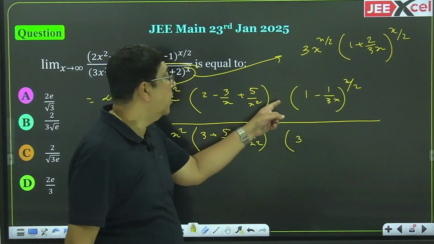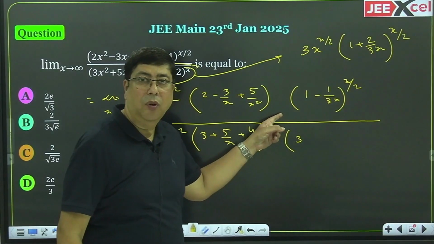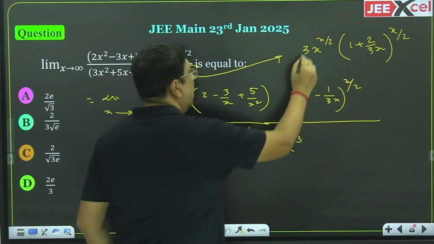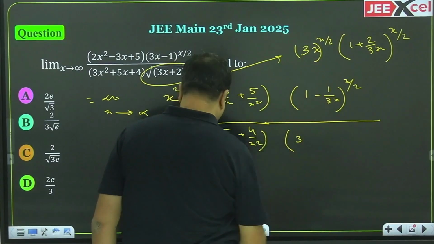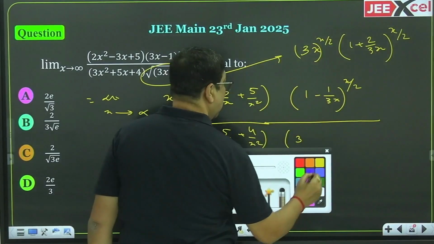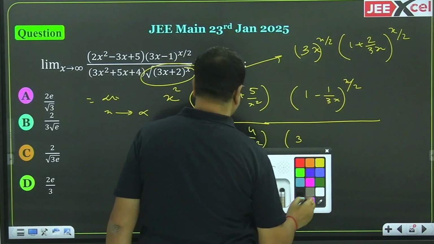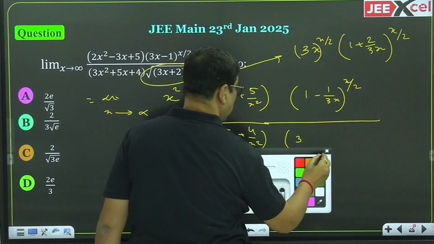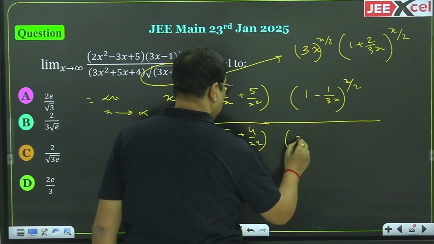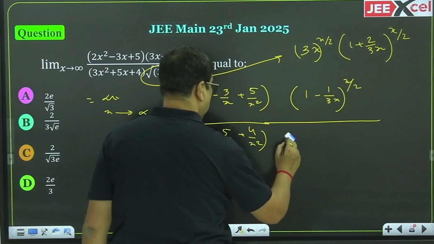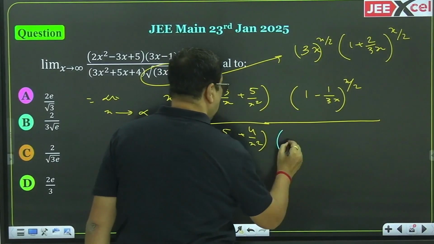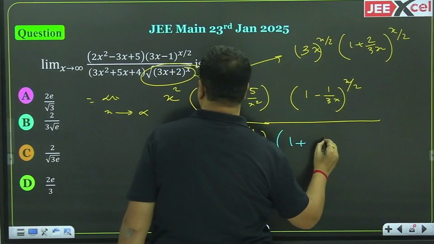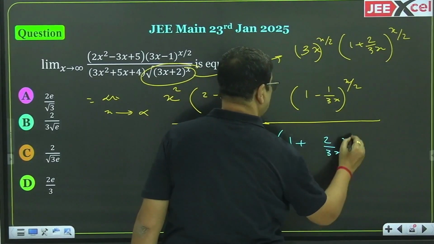Same thing, and they are getting cancelled. So in this case, I am getting 1 minus 1 by 3x, and this will be 1 plus 2 by 3x whole to the power x by 2.